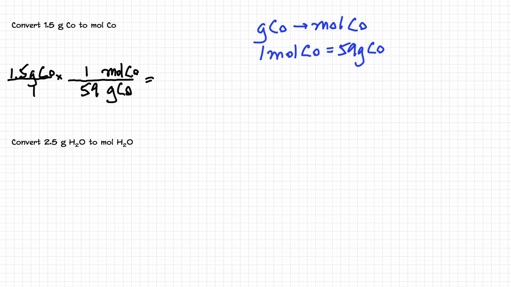Now let's just go ahead and make sure that our units are going to cancel. And they do. And the only unit left standing is moles of cobalt. And according to my calculator, I get 0.025 moles of cobalt. And you'll notice that we're only allowed 2 significant figures because that's what we're starting with.